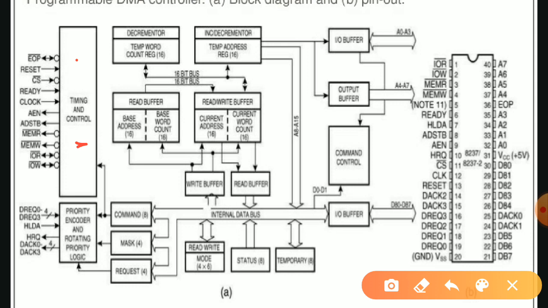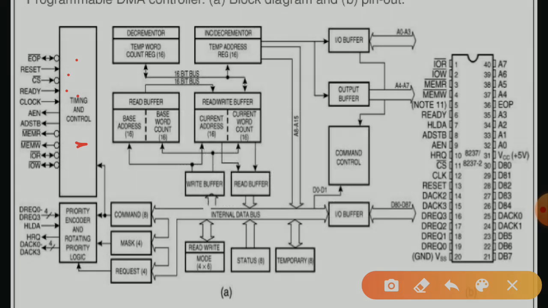Here it is EOP. EOP refers to end of process. When we want to stop the DMA operation or a DMA transfer, we initiate the control signal EOP. Another one is reset, and CS, which is the chip select signal. There is also the ready signal: for slower peripheral devices, we use the ready signal for acknowledgement.